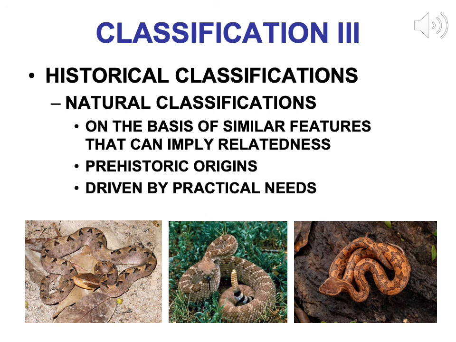So make sure you know that historical classifications, as the name implies, are classifications that were developed early on in human history, in human prehistory, literally. And we group things artificially or we group things naturally. In either case, it provides us with some practical value for living a quality life in those times.